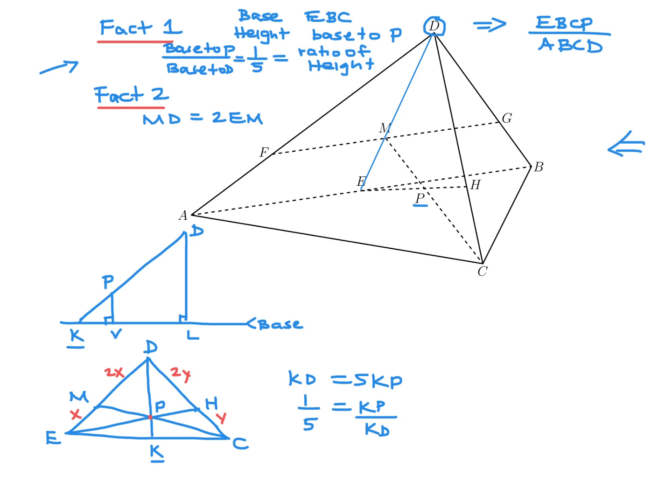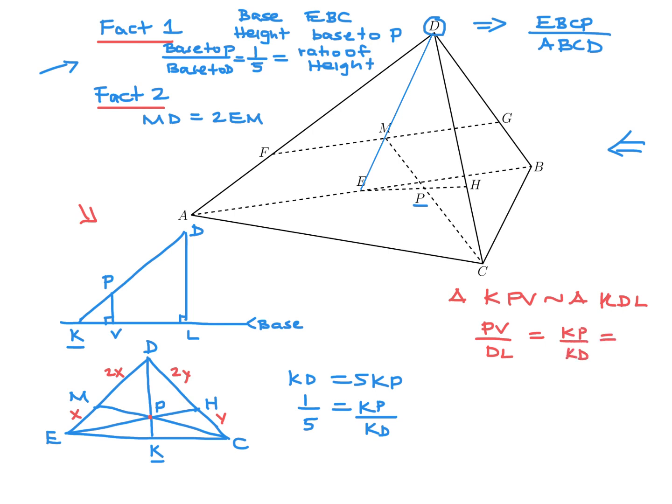And then, if you look at this guy right here, triangle KPV is similar to triangle KDL, right? So because they're similar, the ratio of the sides will be the same. So PV over DL is the same as KP over KD.